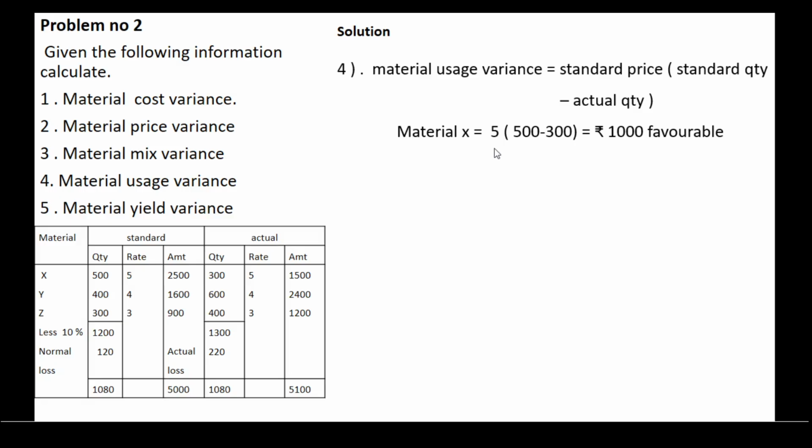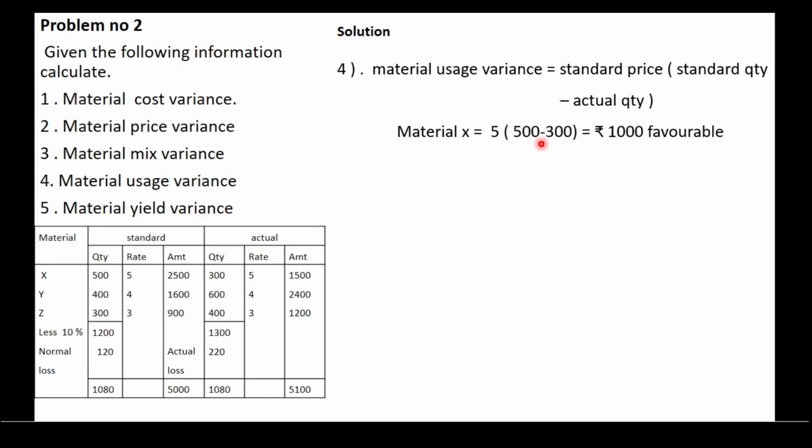So here 5 into 500 minus 300. Here the standard quantity is more than the actual quantity, so it is called favorable. So 5 into 500 minus 300 means 200. So 5 into 200 is rupees 1000 favorable.